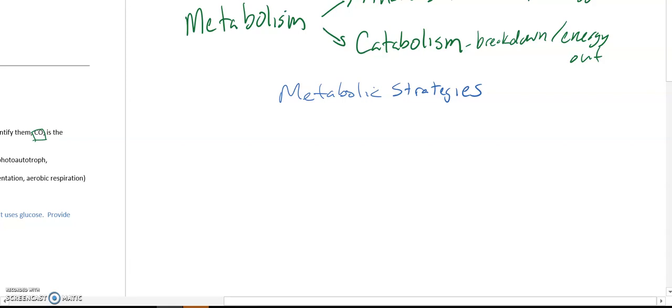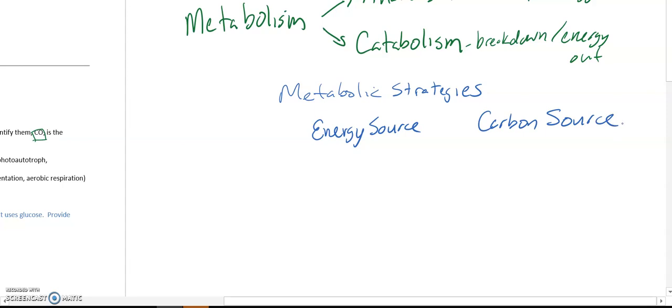All right, but what that's referencing one of the 2 things. That's referencing energy and matter, or in this case, in our carbon. Okay. So with our metabolic strategies, we have to know our energy source, our carbon source.